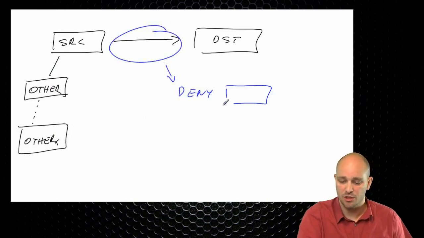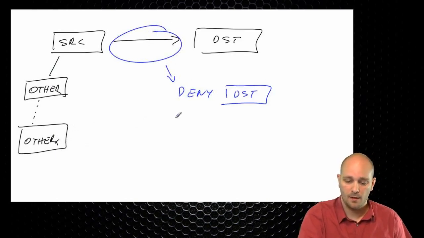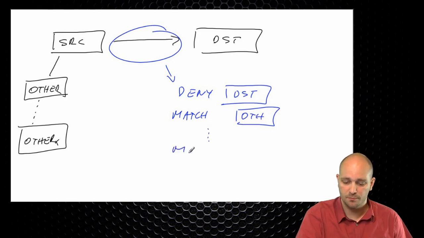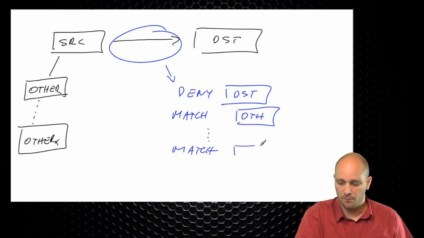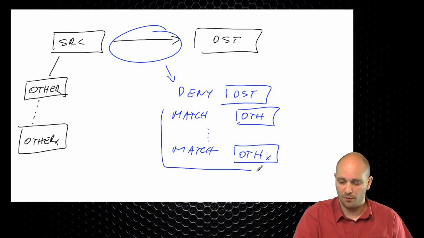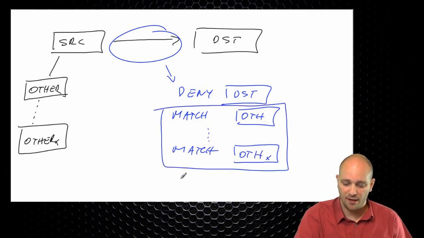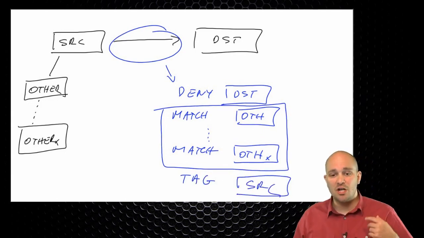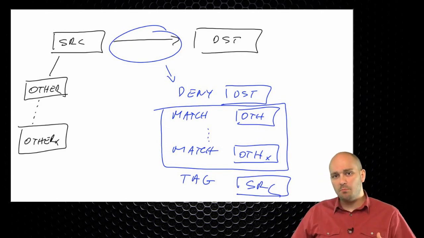Deny destination, match other, and if you have multiple others, you simply add those multiple match statements. And finally, we have tag source.